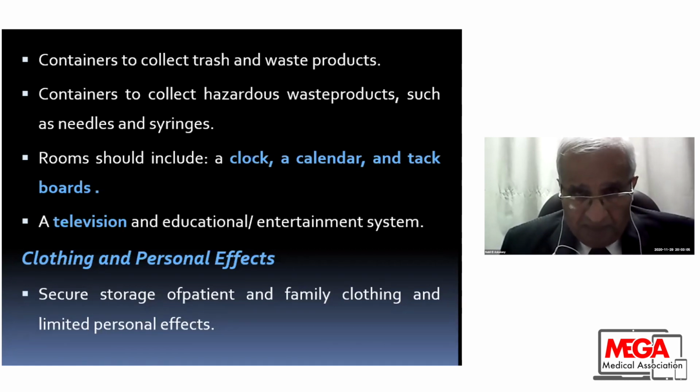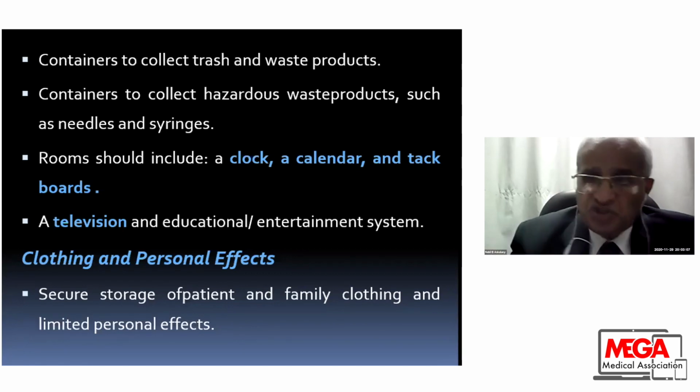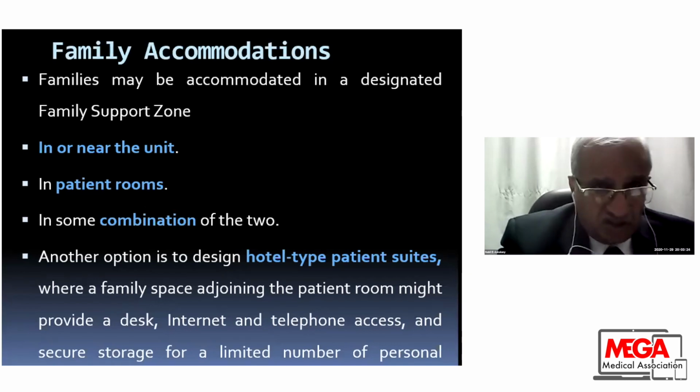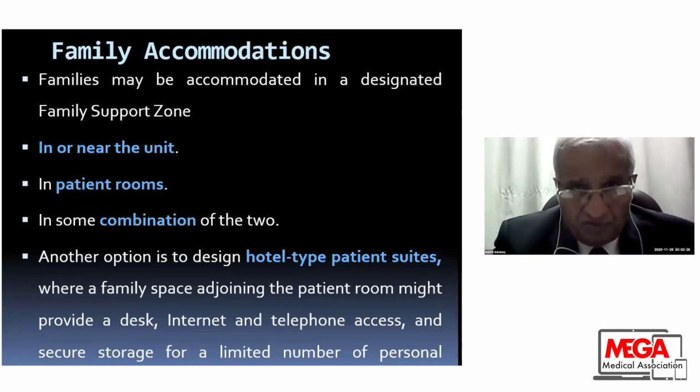Concerning the clothing and personal effects, secure storage of the patient and family clothing. Family accommodations: families may be accommodated in a designated family support zone. I said before that the intensive care unit consists of 4 zones, the 4th of which is the family accommodation zone.